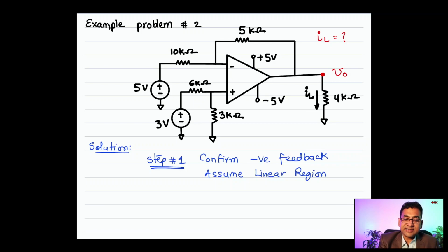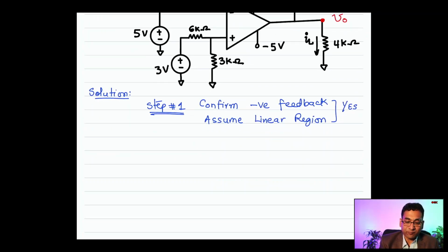Let's see, the output here is tied back to the negative terminal of the operational amplifier. That is negative feedback, right? So we do have a negative feedback configuration, so we can assume linear region. That's step 1.